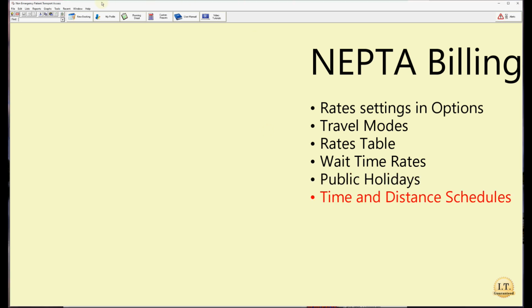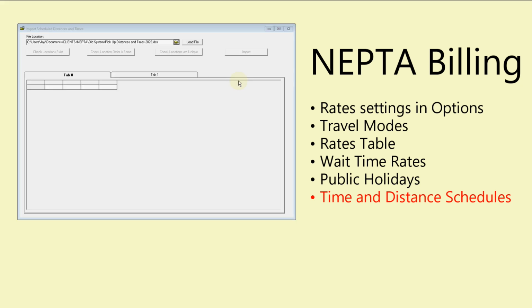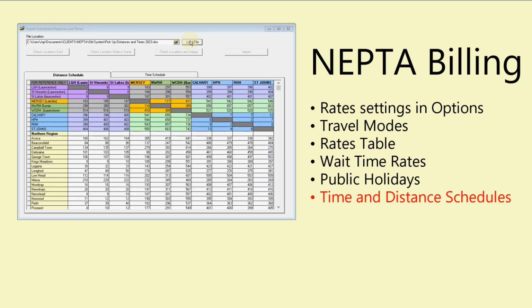And the final thing to be entered are the time and distance schedules. Time and distance schedules are provided by the government agency on an Excel spreadsheet. So once you have that spreadsheet, you can browse to its location and then click Load File, and it will load the spreadsheet into NEPTA.